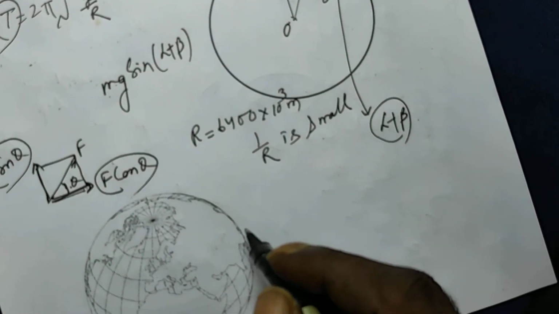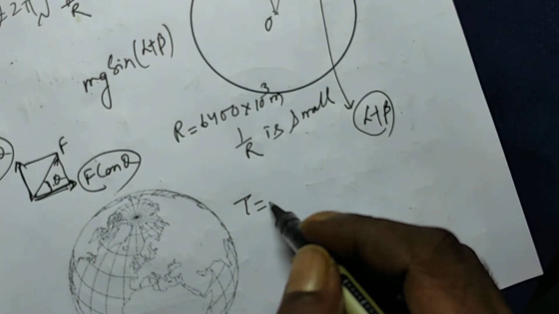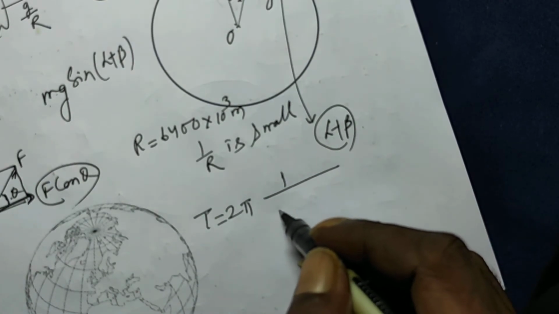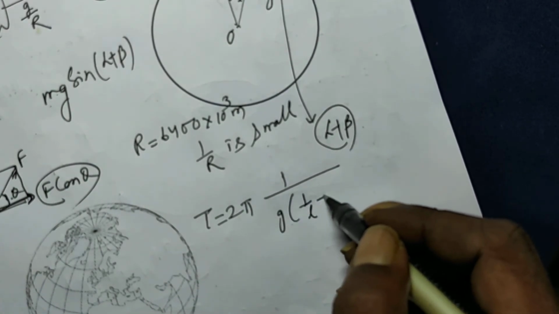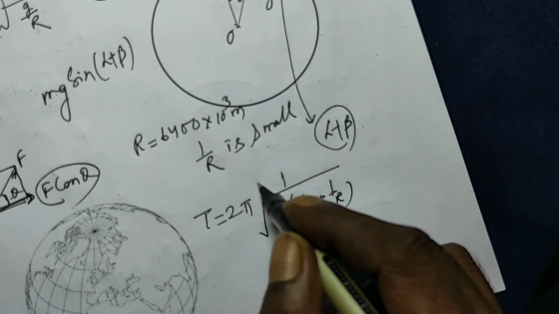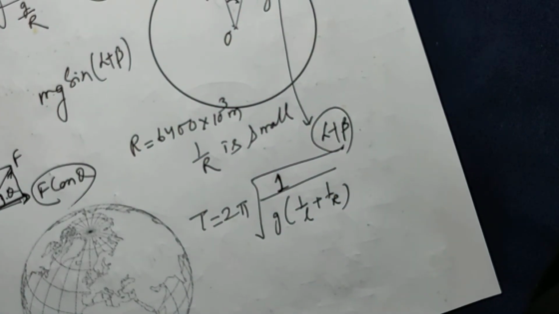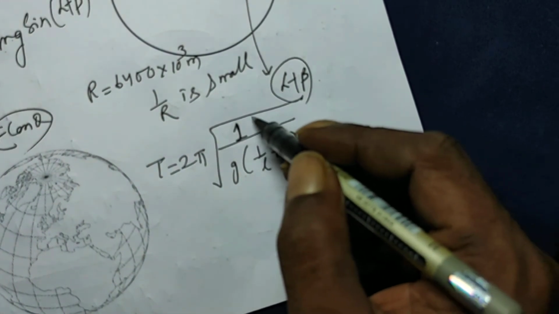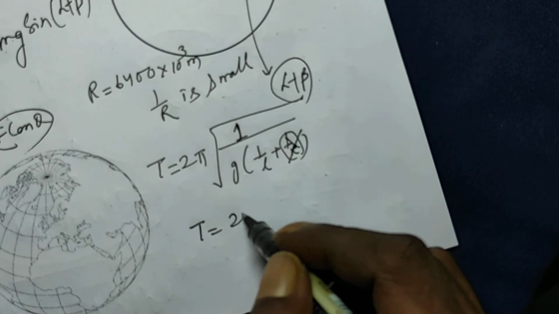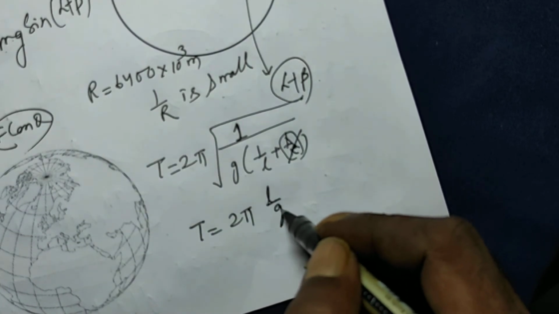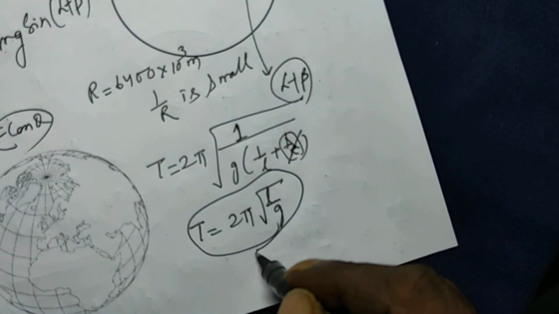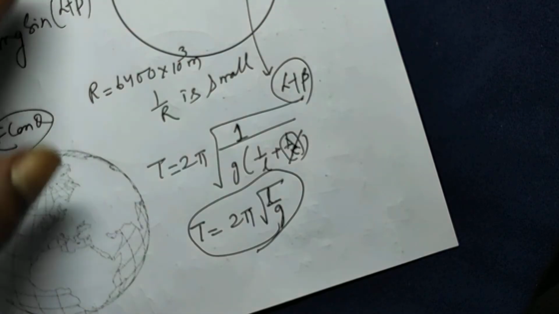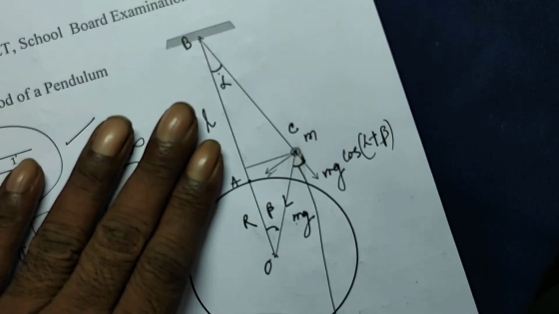So the expression T is equal to 2π times the square root of 1 over g times (1 over L plus 1 over r) can be reduced to, this is now neglected. Now L comes to the numerator, so T becomes 2π times the square root of L over g. This is what you have derived in your school days or college days, but not in this manner.